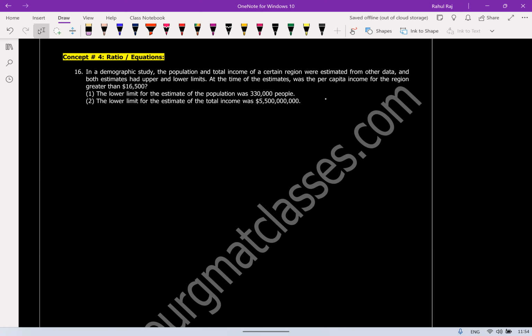There is no difference between ratio and percentage, so don't think that this is a ratio question. It's absolutely percentage, same thing. Everything remains the same.